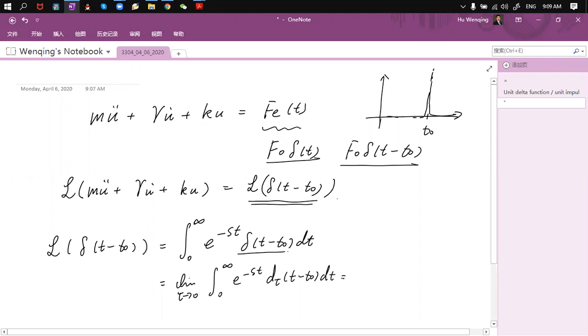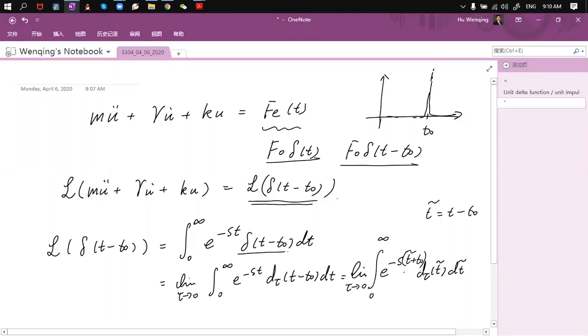So you can change a variable, right? I want to replace t minus t0 by t tilde. So t tilde is equal to t minus t0, so t is t tilde plus t0.